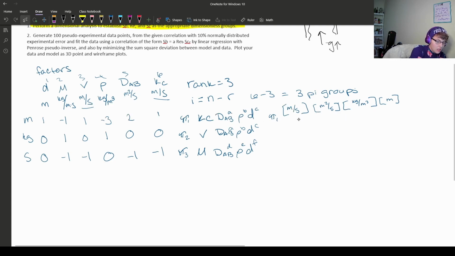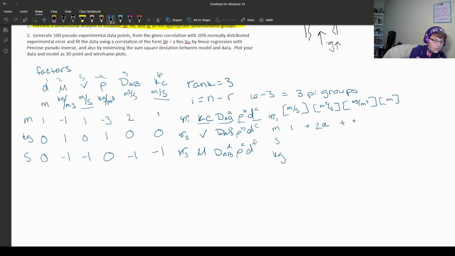So when we look at the 3 different units that we have, meters, seconds, and kilograms, we first look at each of these terms. Kc will just be a number. Since we have meters here, it's 1. Since we have a 2 in the next group, it will be plus 2A.